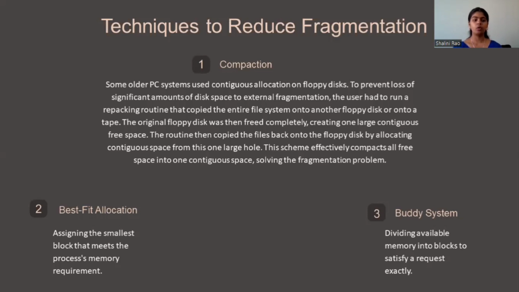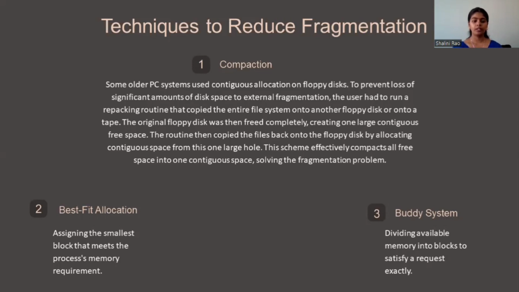Compaction. Some older PC systems used contiguous allocation on floppy disk to prevent a loss of significant amounts of disk space to external fragmentation. The user had to run a repacking routine that copied the entire file system onto another floppy disk or onto a tape.